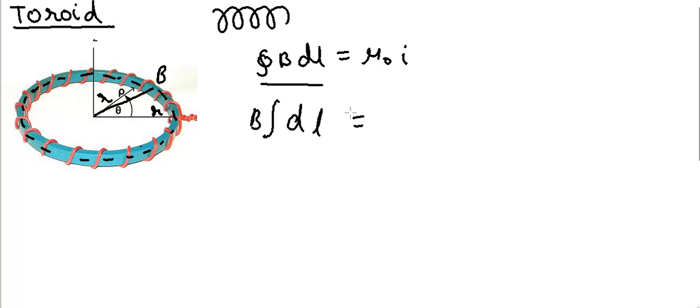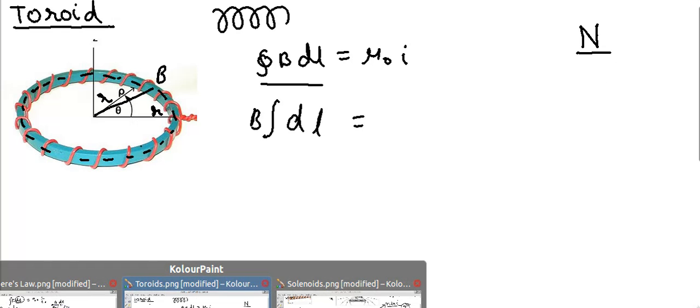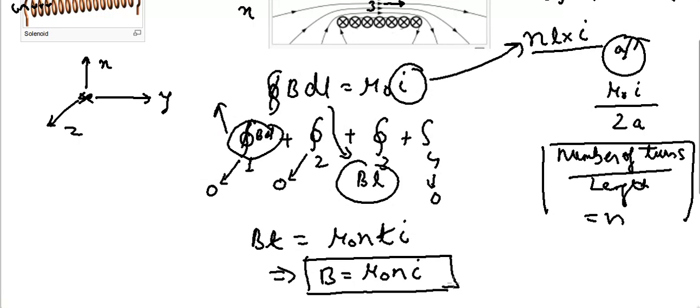Let me define the total number of turns as capital N. Please keep this in mind. For the solenoid, small n was the number of turns per unit length.